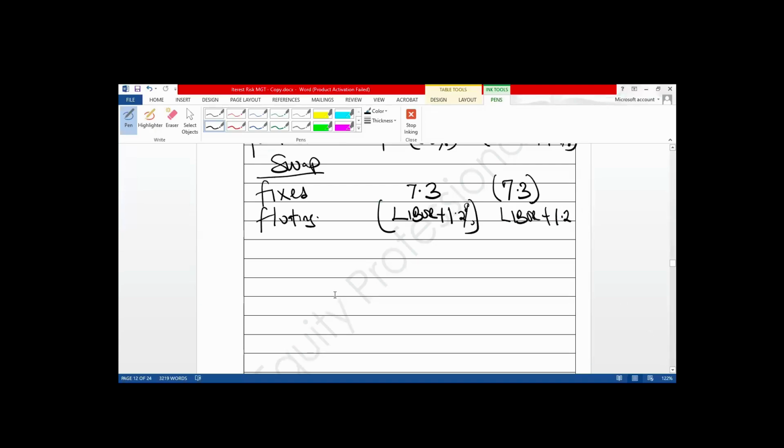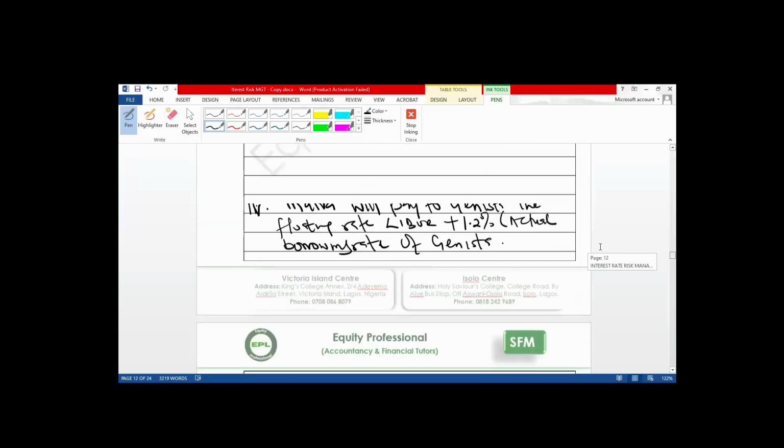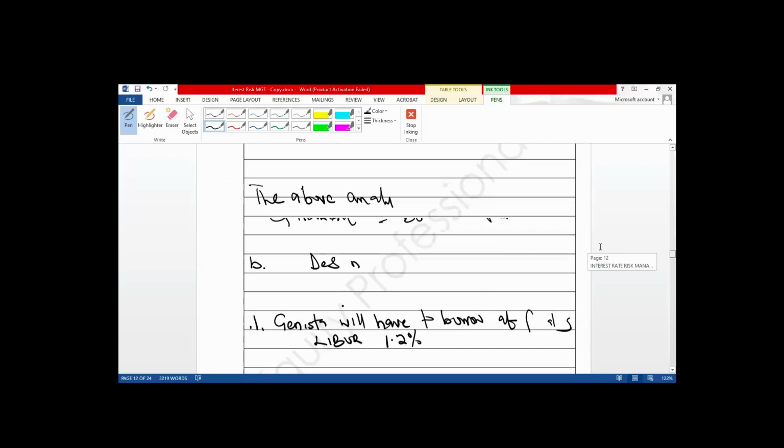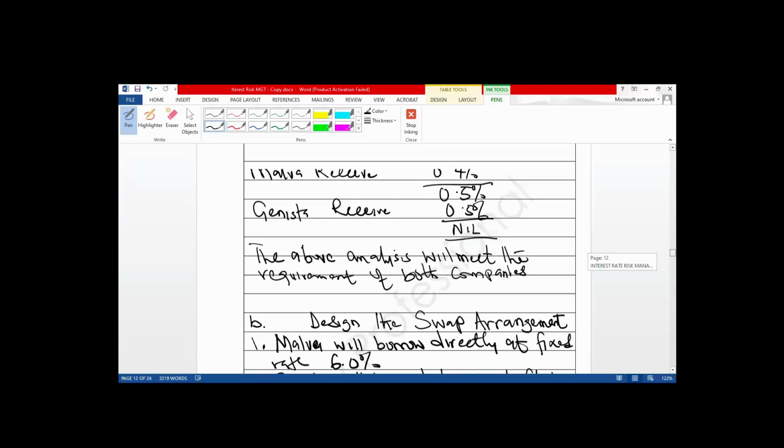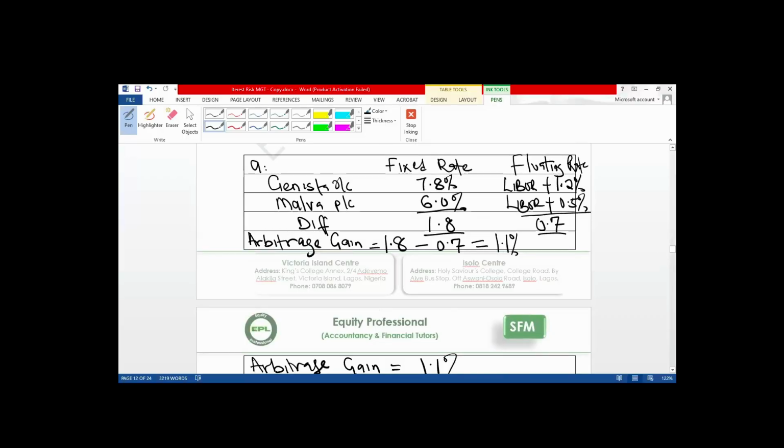Now the bank fee, 0.2 payment. Now, why are we taking it from Magda? If you look at this, the total gain is 1.1.